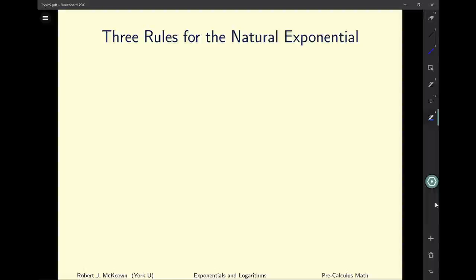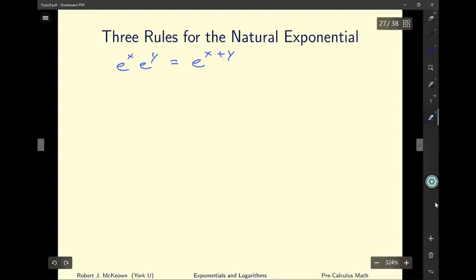The natural exponent is just another exponential. And so if we have e to the x times e to the y, that's just equal to e to the x plus y. If we have e to the x divided by e to the y, that's just going to be equal to e to the x minus y.